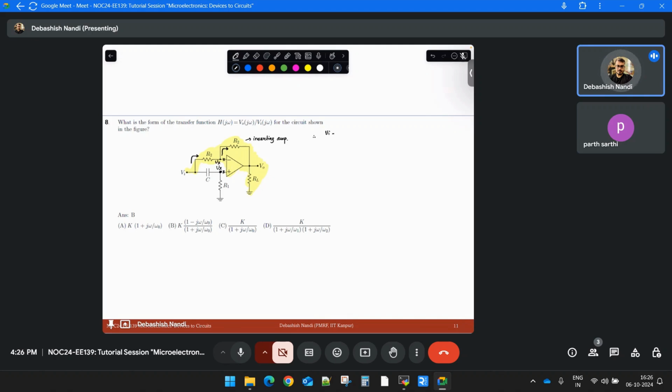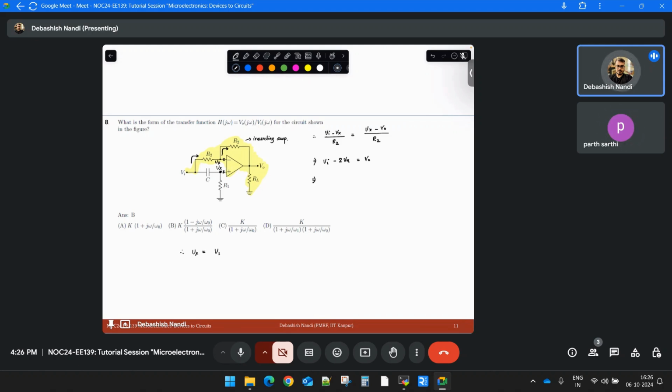So (Vi minus Vx) by R2 should be equal to (Vx minus V naught) by R2. Is that okay? So Vi minus 2Vx equals V naught. Fine. And what about Vx?